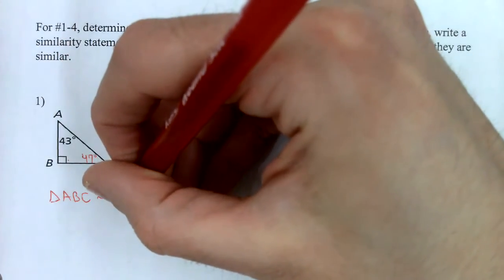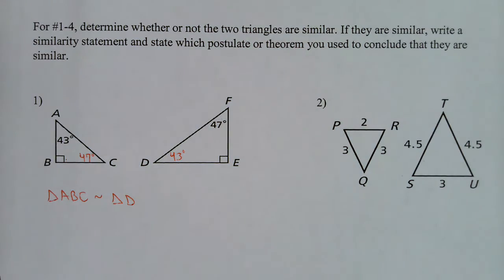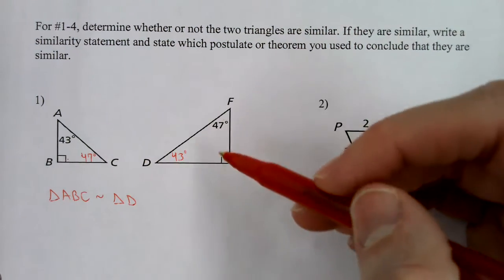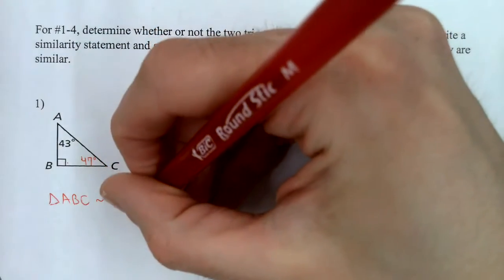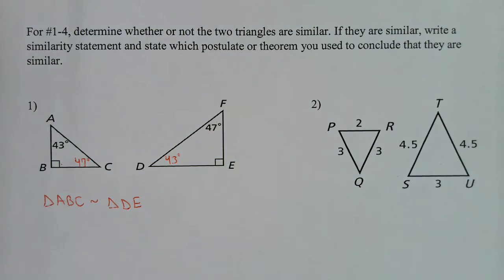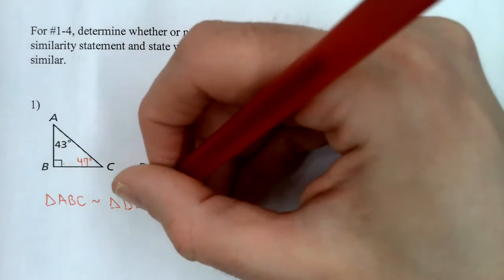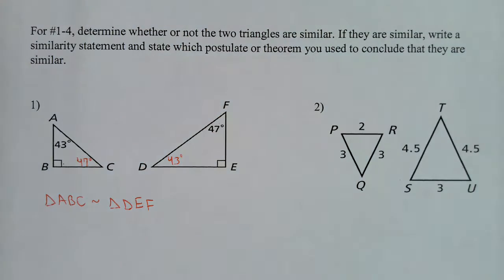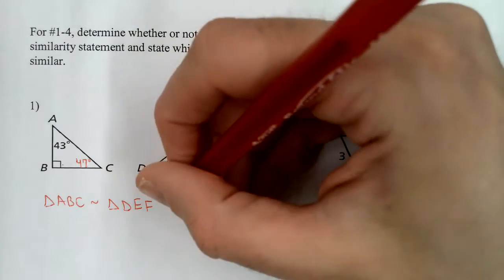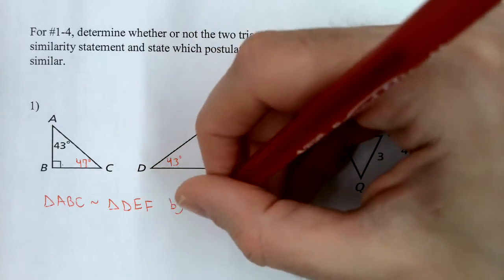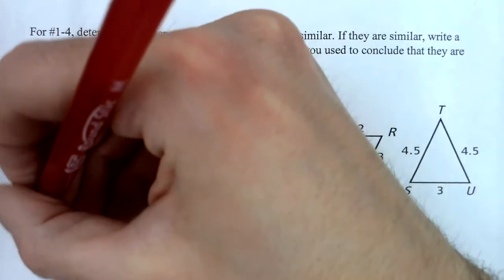So if A is first, then I'm going to put D first. B is 90 degrees. That corresponds to E because E is also 90 degrees. And C is 47 degrees. That's third. That corresponds to F, which is 47 degrees. So triangle ABC is similar to triangle DEF by angle similarity.